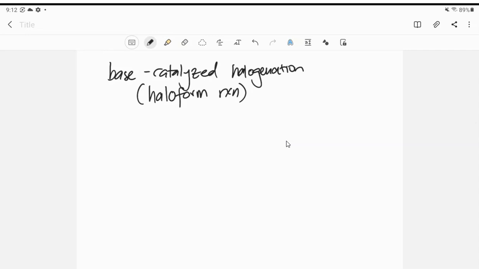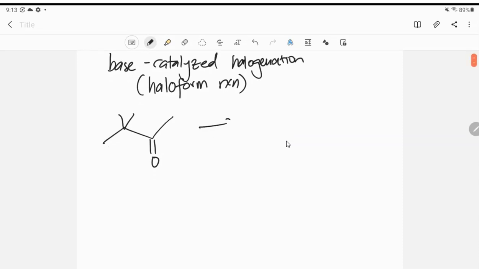So we saw that if we take, I'm going to go ahead and just block off that position, we saw that in acidic conditions we could go ahead and protonate at that alpha position, right? We saw that we can go ahead and put a bromine on there.